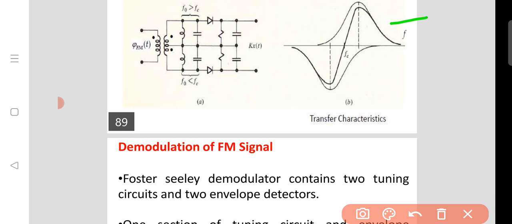It means the upper one is the tuned circuit and detector, and this characteristic is for below, meaning below the carrier frequencies. In order to add both characteristics, the conclusion is like this. This is the sum line for both.